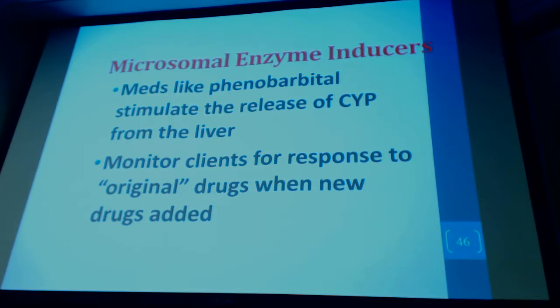So, a patient was on drug A, B, C, we had them stabilized, they're fine. The nurse practitioner orders drug D, phenobarbital. Phenobarbital makes the liver release more of that enzyme that breaks down medication.